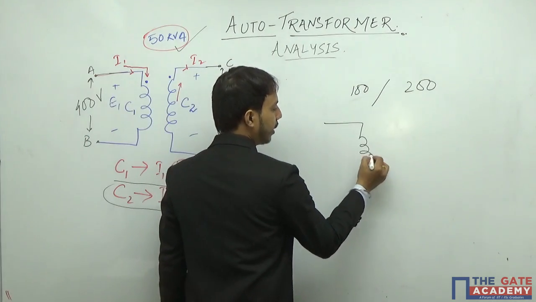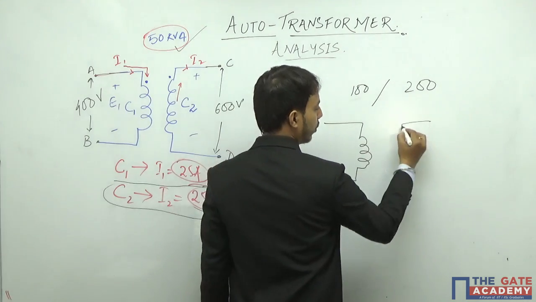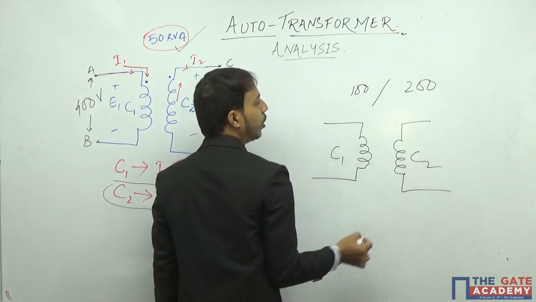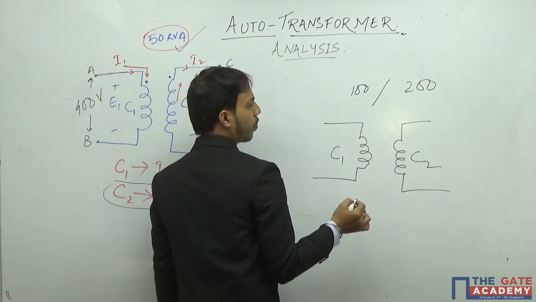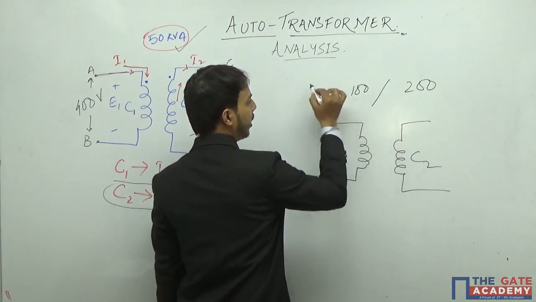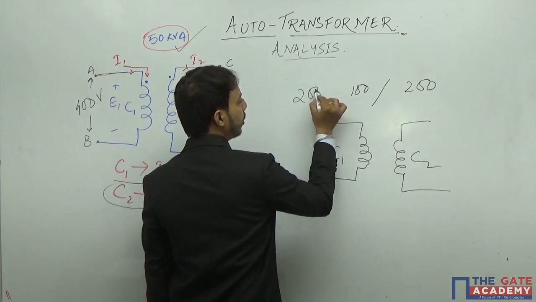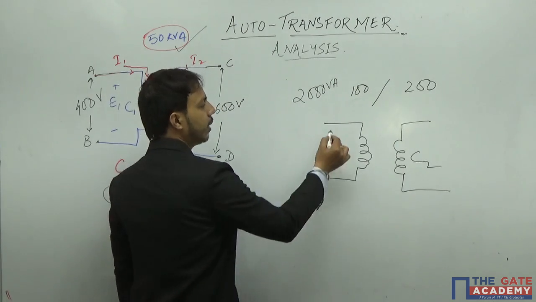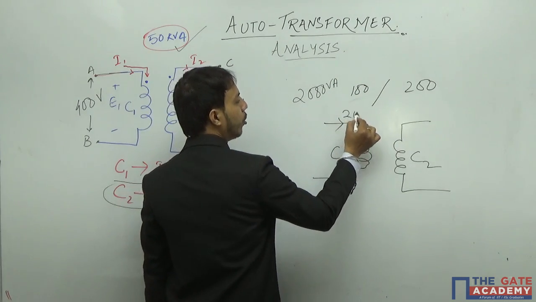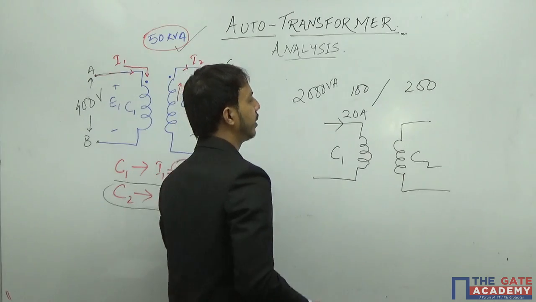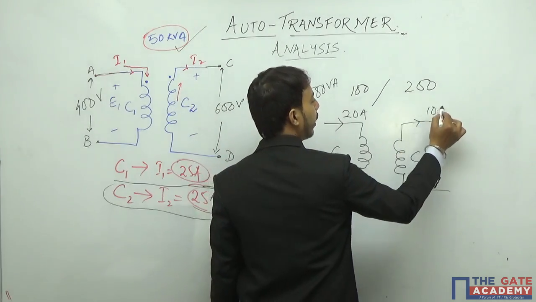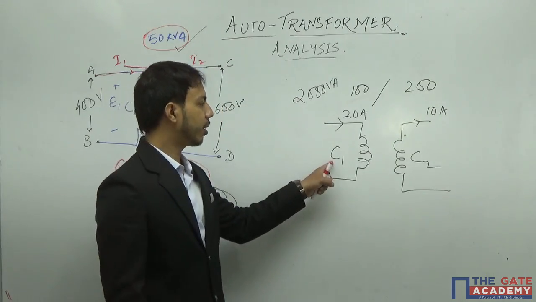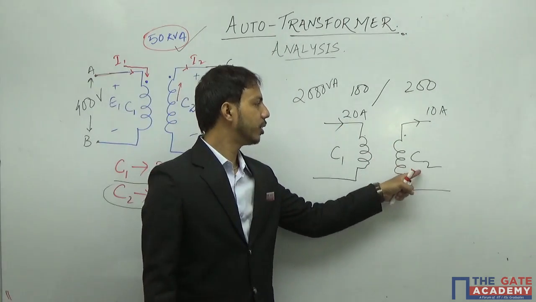That means, let us say this is 100, this is 200, say this is C1, this is C2, and it is 2 kVA, that means 2000 volt ampere. So if this is 2000 volt ampere, I can easily say that C1 is having 20 amps and C2 will be having 10 amps. So the current C1 is having 20 and C2 is having 10.